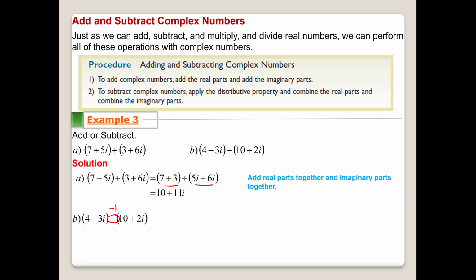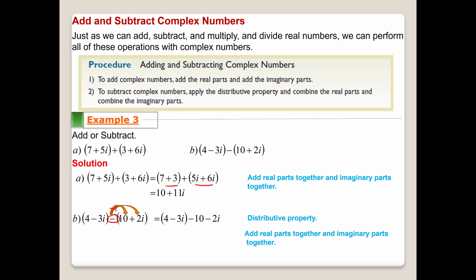So we do the distributive property. We're going to take negative 1 times 10. Then we're going to take negative 1 times 2i. So we leave the first one alone. We got 4 minus 3i. And then that positive 10 turns into negative 10, and that positive 2i turns into negative 2i.